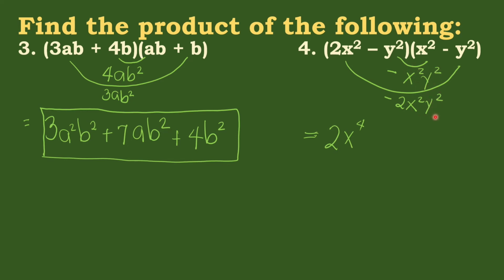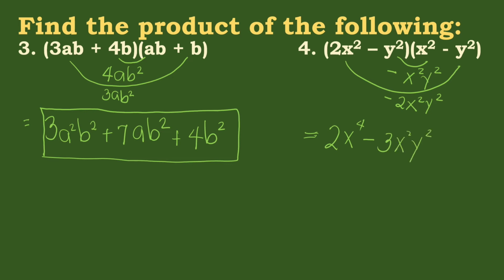So we can combine the coefficients. Now, the coefficients here are negative 1 and negative 2. So when we combine these two coefficients, that would be negative 3 x squared y squared.